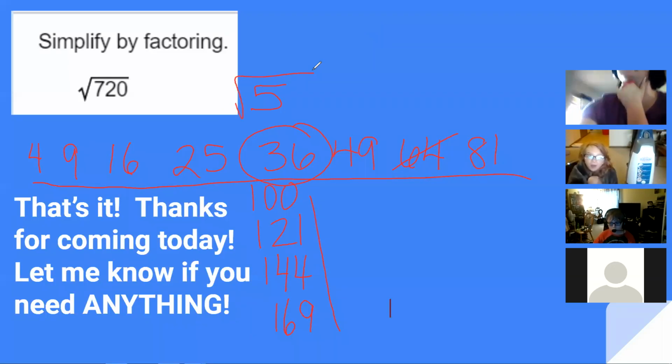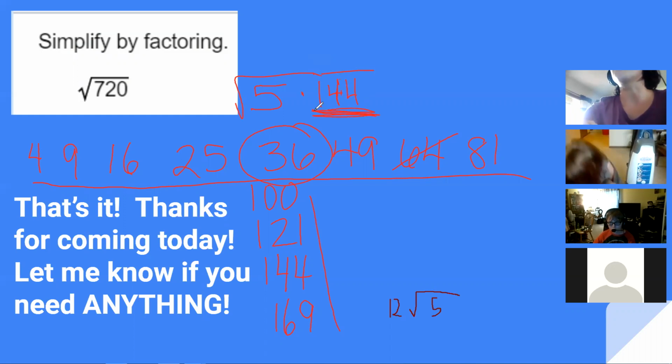144 times 5 equals 720. Yep, you would say that, but let's finish the square root there, because that is true, but we can take the square root of this 144, right? What would that be?